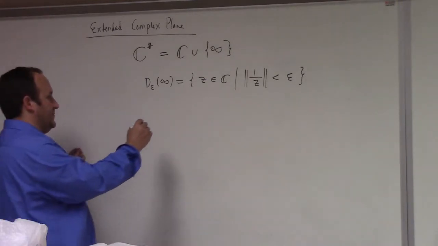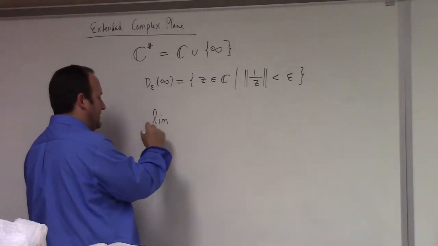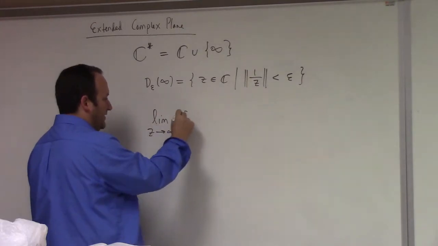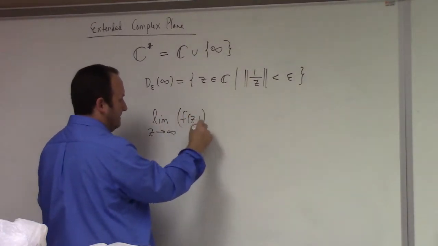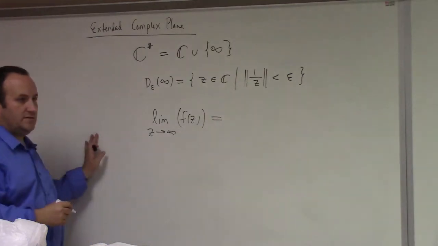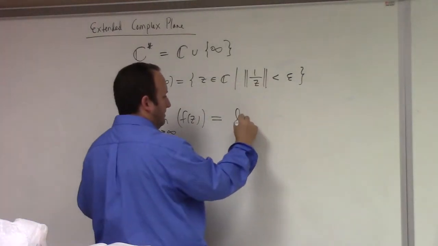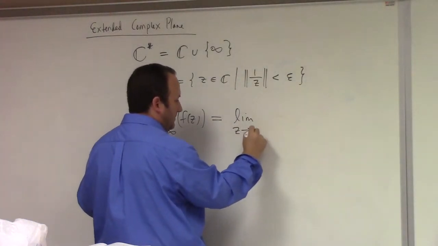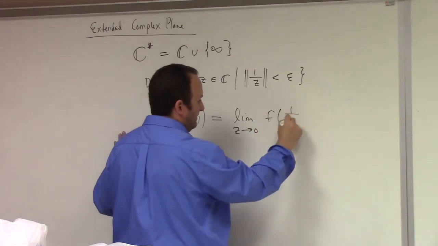Here's one limit. What do we mean by the limit as z goes to infinity of f of z? How's that defined, actually? You define that to be the limit as z goes to 0 of f of 1 over z.